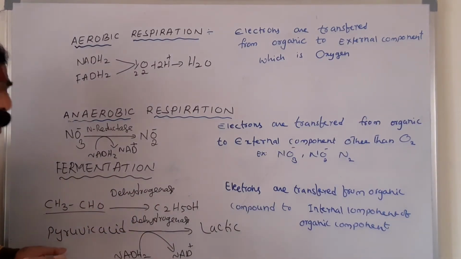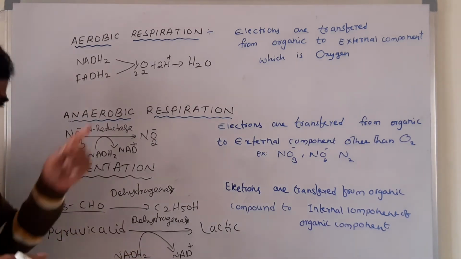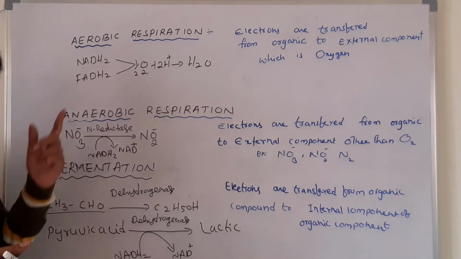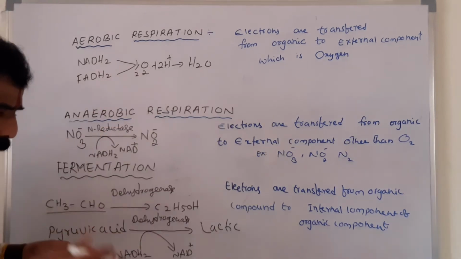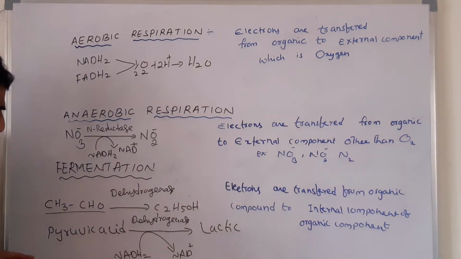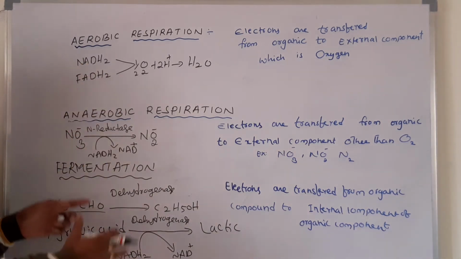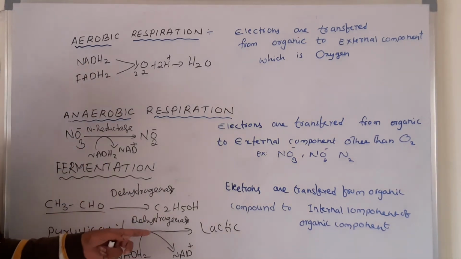Coming to lactic acid fermentation, there also NADH2 is formed in glycolysis at the step where glyceraldehyde 3-phosphate goes to 1,3 bisphosphoglyceric acid. Now the NADH2 transfers electrons to pyruvic acid, and pyruvic acid gets reduced to lactic acid under the influence of lactic dehydrogenase.